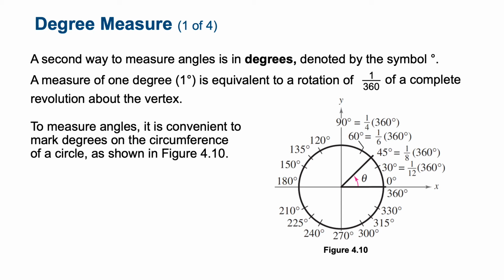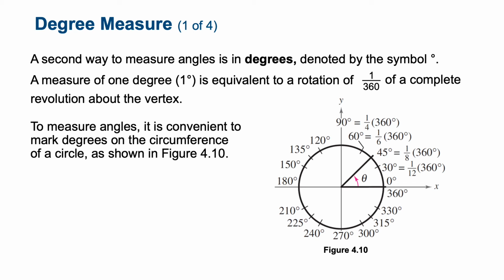Common angles: it's convenient to mark the degrees on the circumference of a circle. Let's say you have a circle here. This is theta. We know that the y-axis is 90, the other side is 180, the bottom is 270, and then coming back is 360. Between 0 and 90 is 45, between 90 and 180 is 135, and so on.